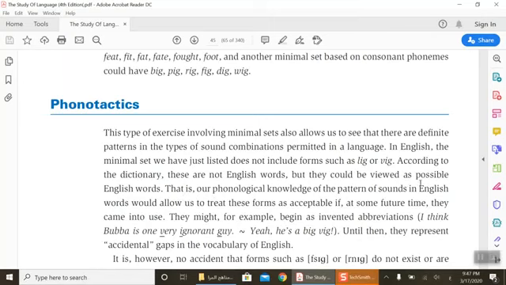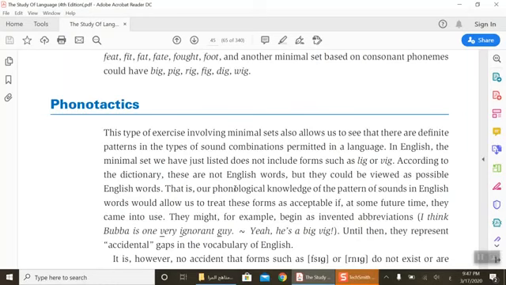When we say they are viewed as English words, that's our phonological knowledge of the pattern of sounds in English words, which would allow us to treat these forms as acceptable. Phonological knowledge is in the mind. Pig, rig, fig, so why don't we have lig?